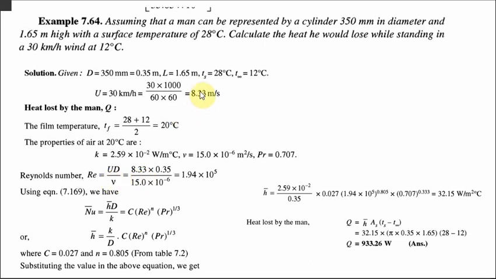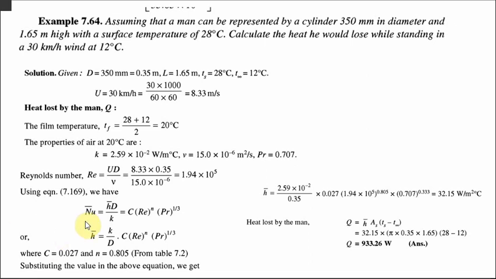U is 8.33, D is the diameter, 350 mm, in meters it is 0.35 meters, and nu is 15.06 into 10 to the minus 6 meter square per second. So we got a Reynolds number of 1.94 into 10 raised to 5.